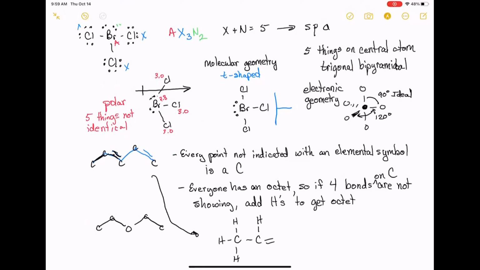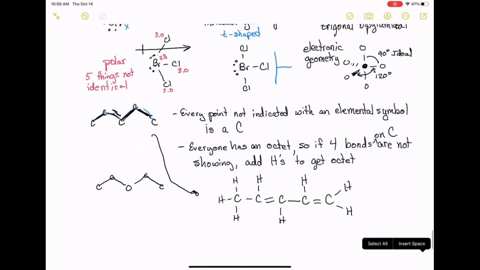On the next one, I need another single bond, and so there's another hydrogen. On the next one, there's another double bond, so I need another single hydrogen because I've got to get it up to 8. And on the last one, I have this double bond, and so there are going to be 2 hydrogens. That is how you would interpret this.